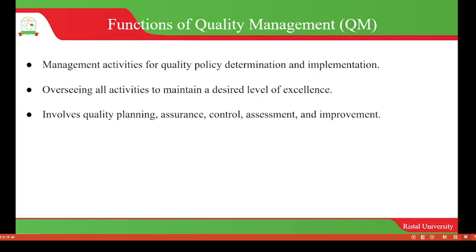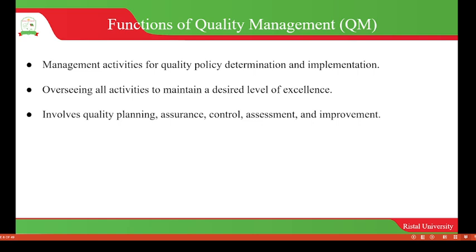Functions of quality management. Management activity for quality policy determination and implementation. So the management activities help in ensuring that there is quality policy determination and implementation in a company or in an industry or in an organization.